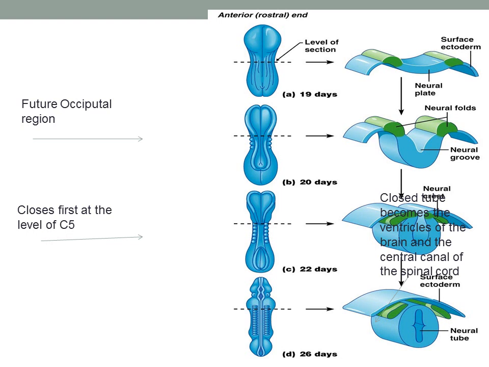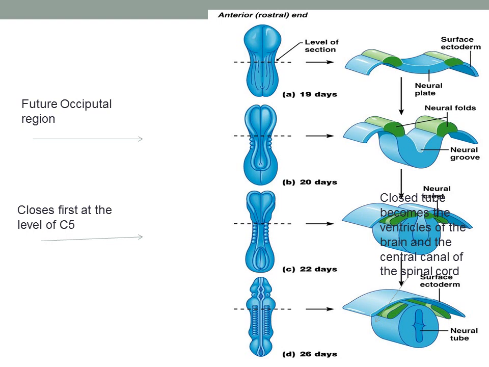Now, as the neural plate continues to thicken and develop, it itself starts to invaginate to develop the neural groove. And the neural groove is nothing more than an invagination of the rapidly thickening neural plate.